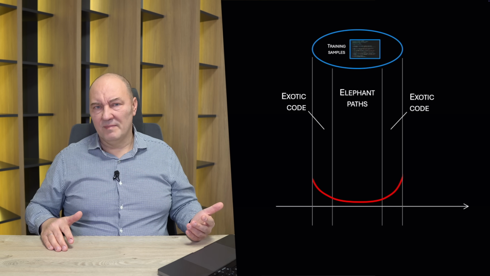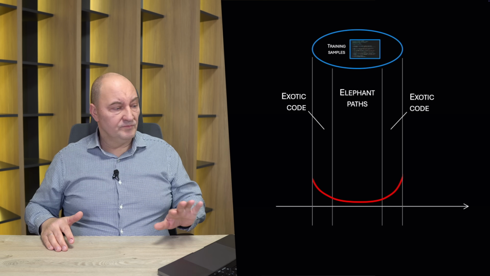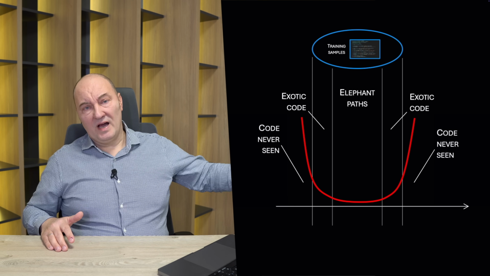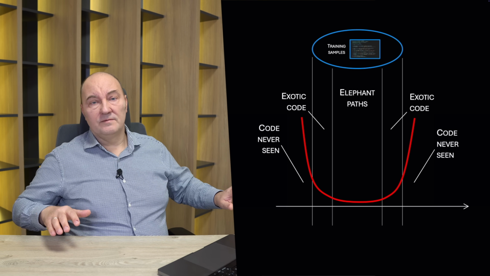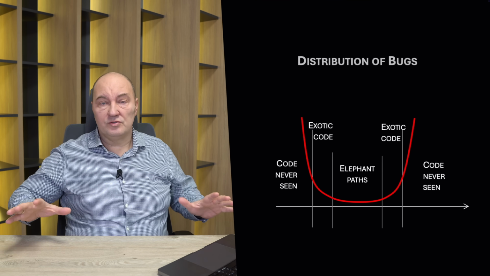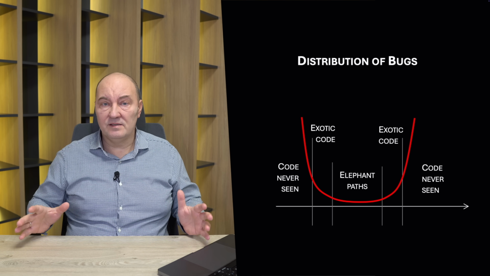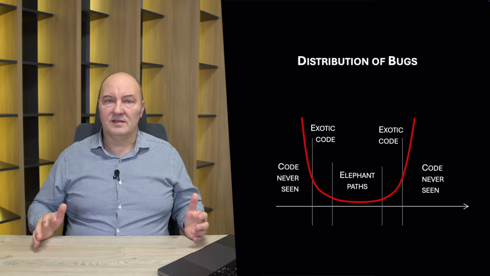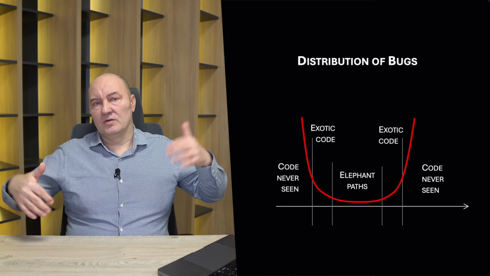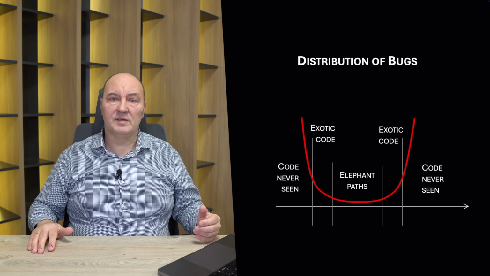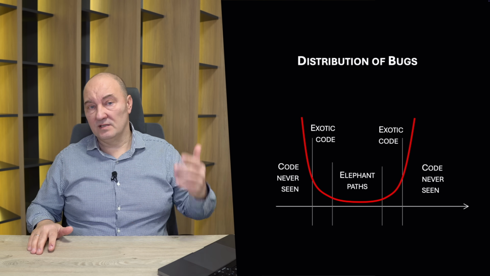It will make many, many bugs. And of course, if you just step out of that region on which the network was trained, you can expect that the error rates will go wild. It will probably create more problems than it solves.